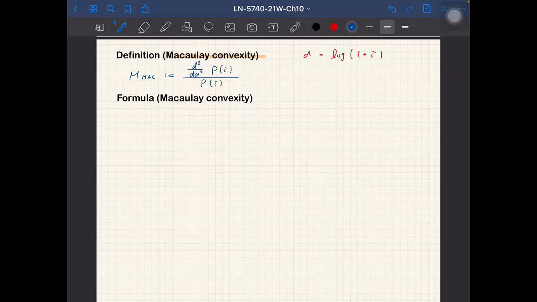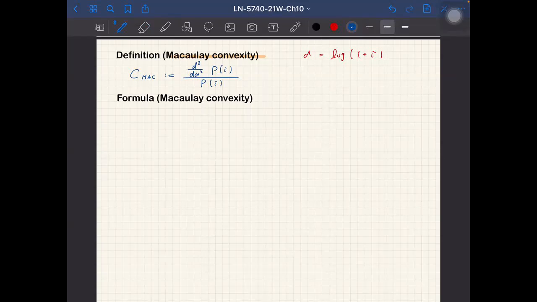Maybe we can write P of delta, but anyway, we differentiate with respect to delta. Okay, so what's the formula for the Macaulay convexity? The Macaulay convexity is C.